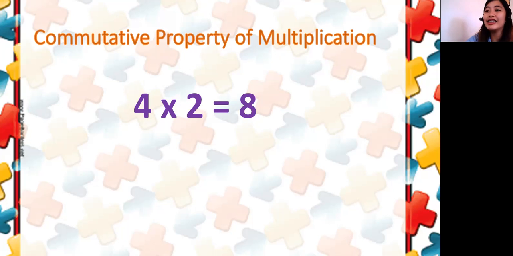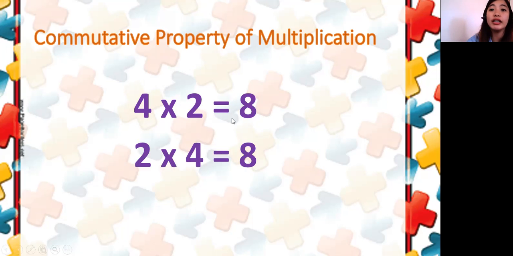It is 2 times 4. 2 times 4 will also be equal to 8. So you just interchange the position, but you did not change the numbers. The result will still be the same, no matter their position, as long as you use the same numbers.